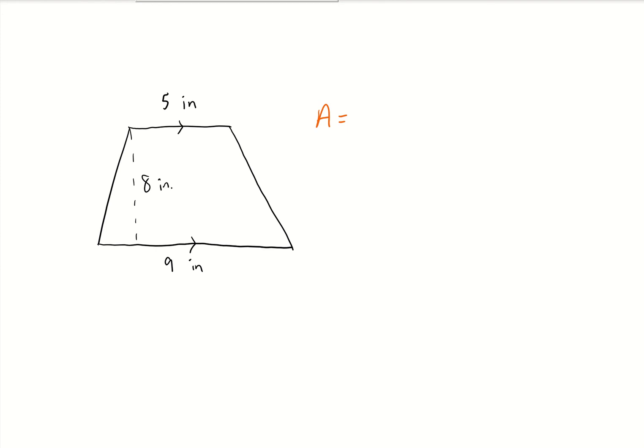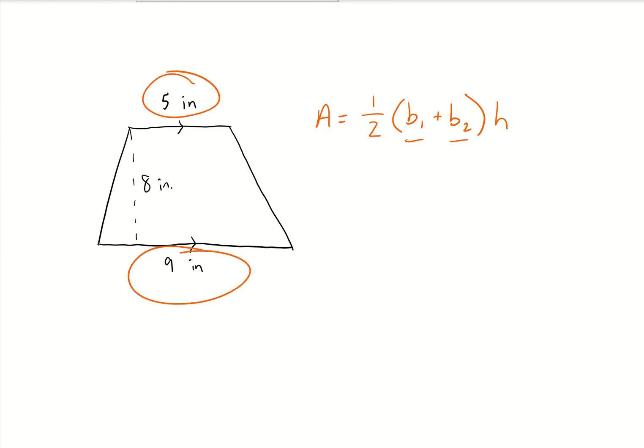So what we want to do is area equals 1/2 times base 1 plus base 2, and then that will be multiplied by the height. The reason we do this is because we want to find base 1 and base 2, so that 5 and 9 for this example, and we want to find the average of those two.